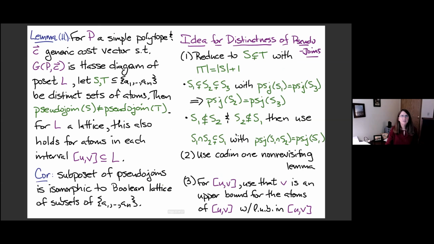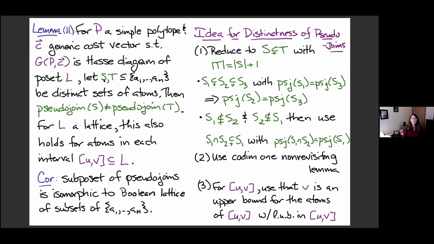Okay, then here's a lemma. For P a simple polytope and C a generic cost vector such that this directed graph is the Hasse diagram of a poset L, if S and T are two distinct subsets of the set of atoms, the things that are covering the bottom, then the pseudo join of the set of things in S is not the same as the pseudo join of the set of things in T, okay?